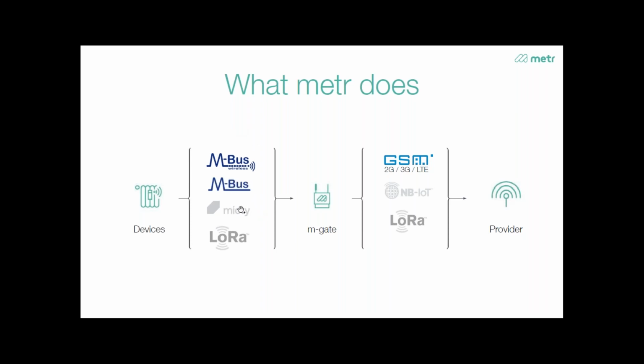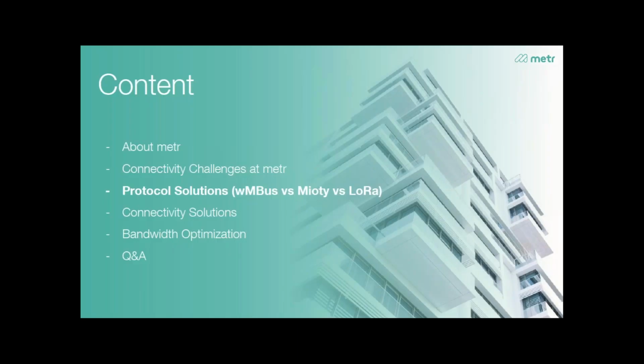The things we're investigating are MyOT, which we're going to talk about today, and also LoRa, but the highlighted ones are those we're using currently. Then we collect that data in our mGate and send it to our provider. There we use GSM or LTE, where we work together with Omnify. We also looked at NB-IoT, and at LoRa, because you could use LoRaWAN to forward the data to the internet.